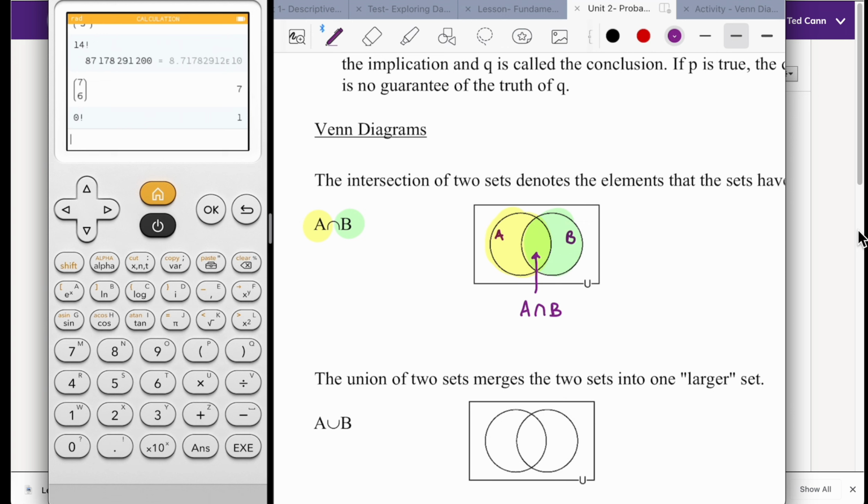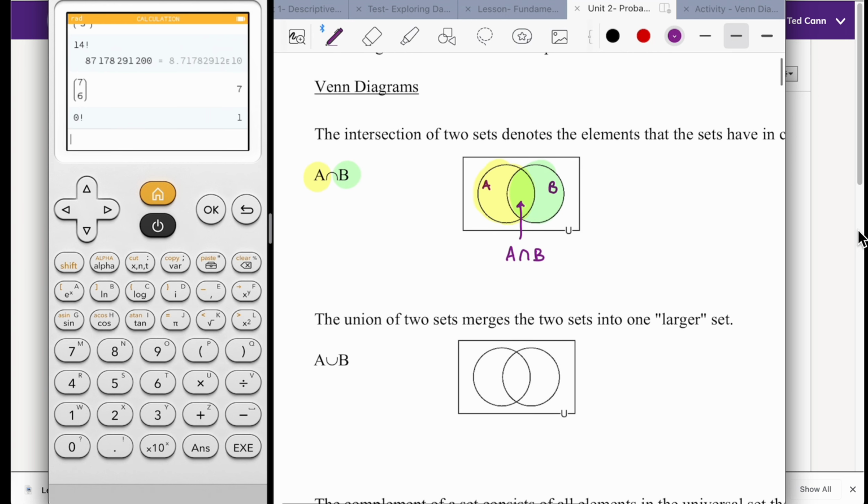All right. So when we talk about A union B, all right, so the union of two sets, what we're really talking about is combining them into one larger set. I mean, it says it right there. The typical example that I use is the concept of marriage.